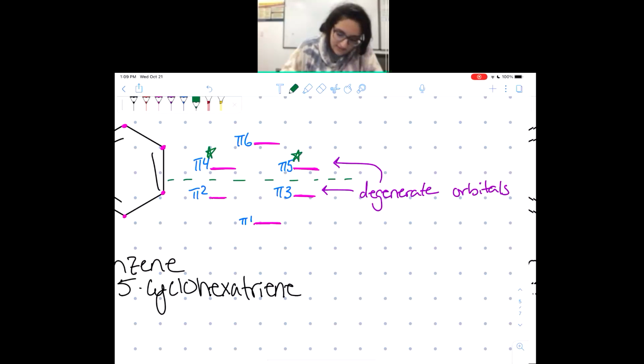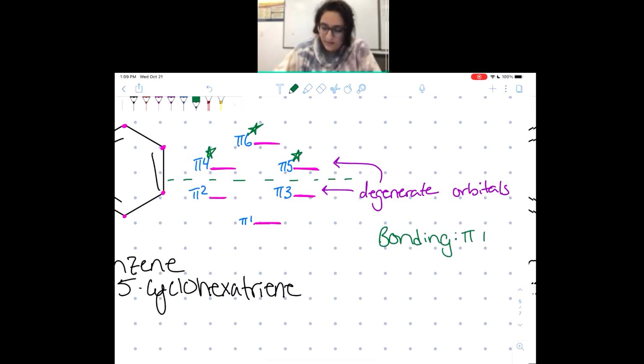So let me draw that little star in here. And then on the side, I'm going to say bonding will be pi 1 through 3. And anti-bonding will be pi 4 through 6.